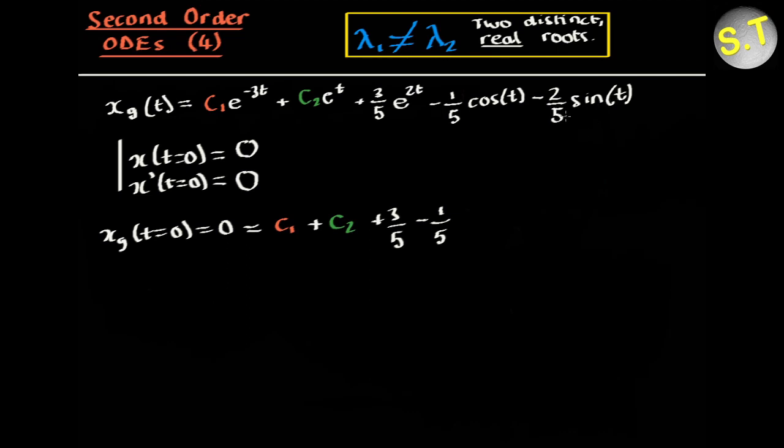So this would reduce to 0. And then we can combine this plus 3/5 and minus 1/5 to give us plus 2/5. Okay, great, so let's call this equation 1.